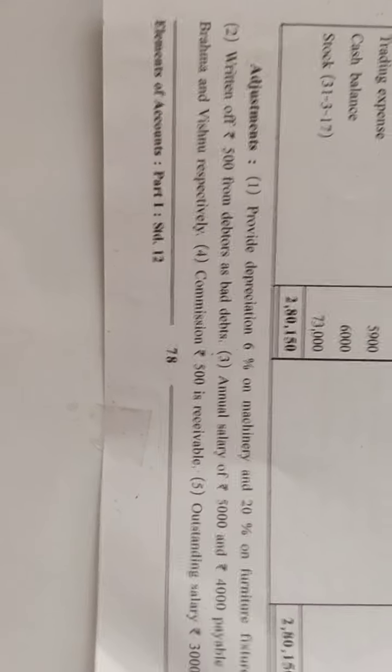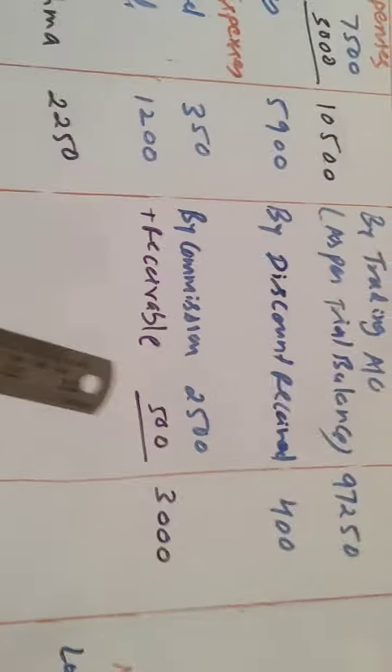Next adjustment says commission rupees 500 is receivable. The word receivable suggests it is an outstanding income. So we have already written commission at the credit of profit and loss account.